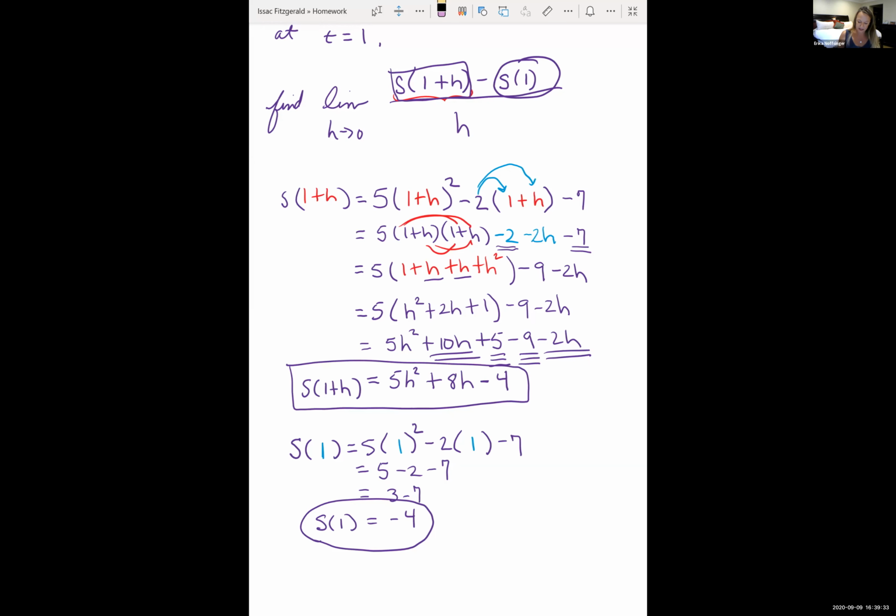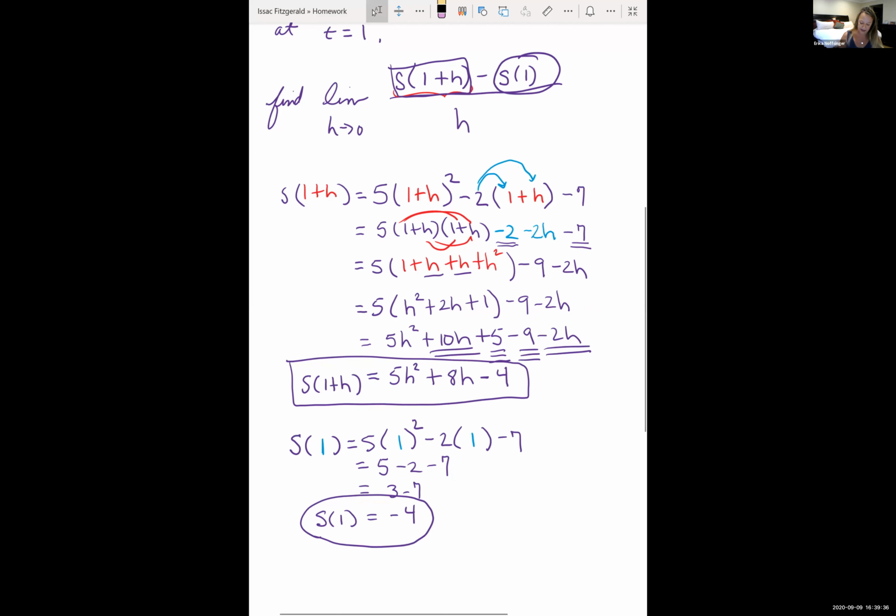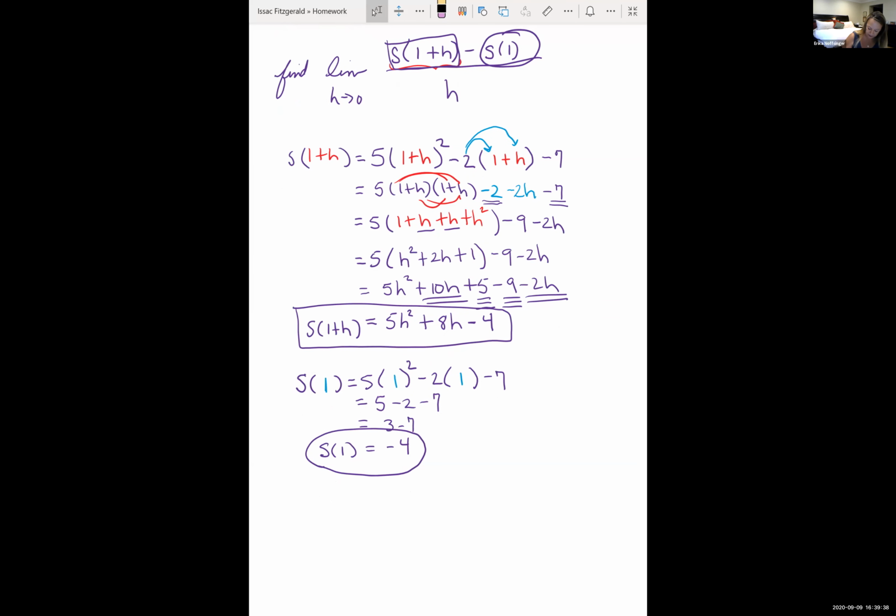Let's go back in to this and rewrite it. So right now we're looking at the limit as h is going to 0. Well, S of 1 plus h, that was the 5h squared plus 8h minus 4. And then minus S of 1. So S of 1 right here, we said was negative 4. So minus a negative 4.